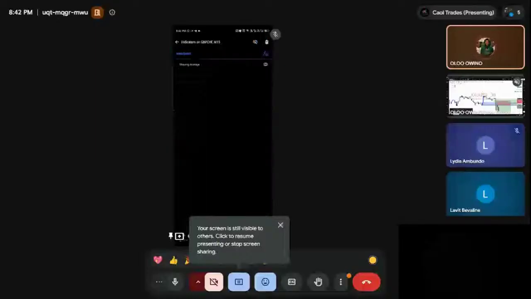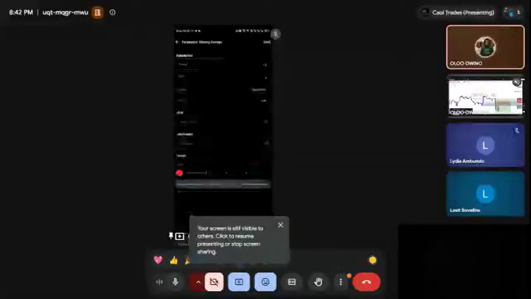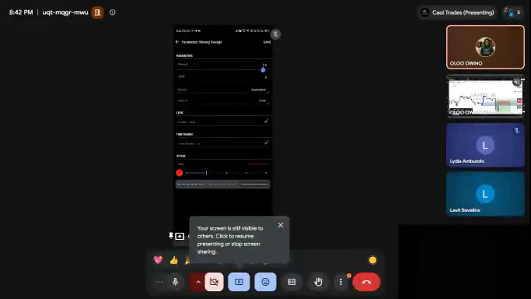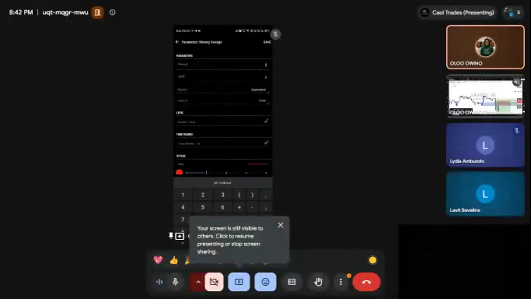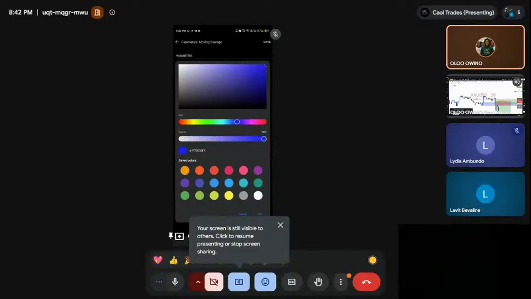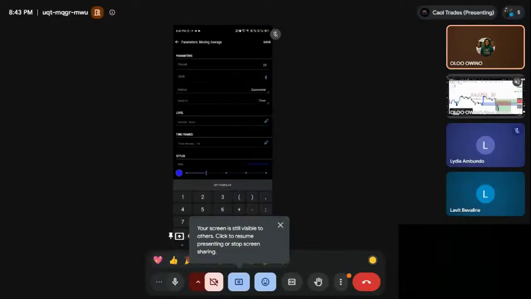Go back there, add another moving average. I'm going to give it exponential. I'm going to give it period 23. I'll teach a lesson on moving average on a later day. This is just introduction. So we're going to use here 23. We tell it to exponential. Color, I'm going to give it blue. Okay, save.